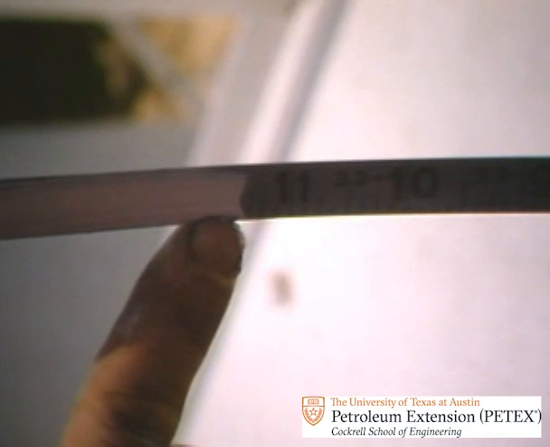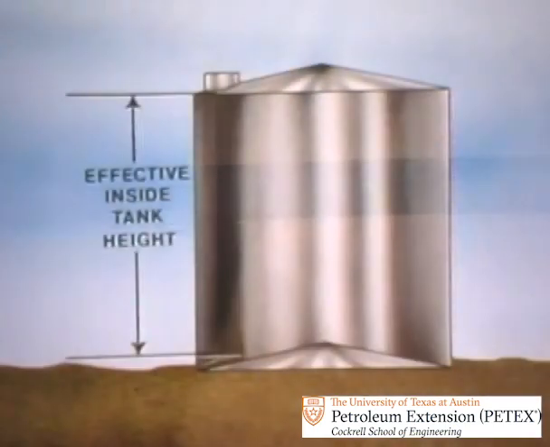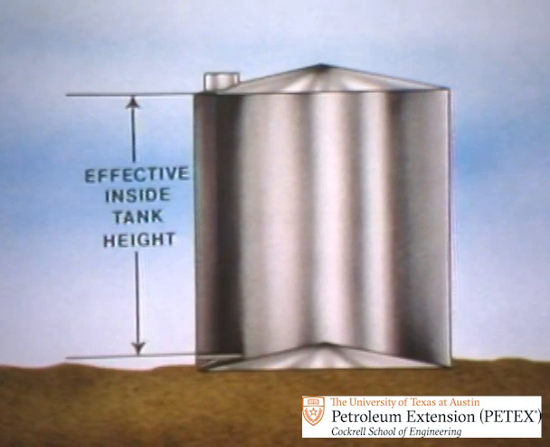Liquid height is read by noting where the liquid cuts the gauger's tape when it's withdrawn from the tank. Effective inside tank height is the distance from the gauge point on the tank floor or datum plate to the top of the top angle or where the tank contents would begin to overflow.